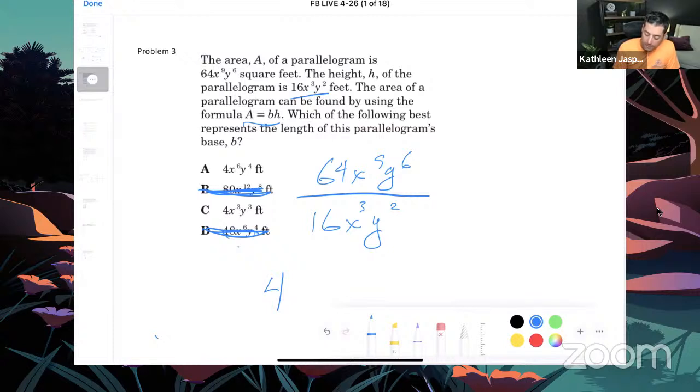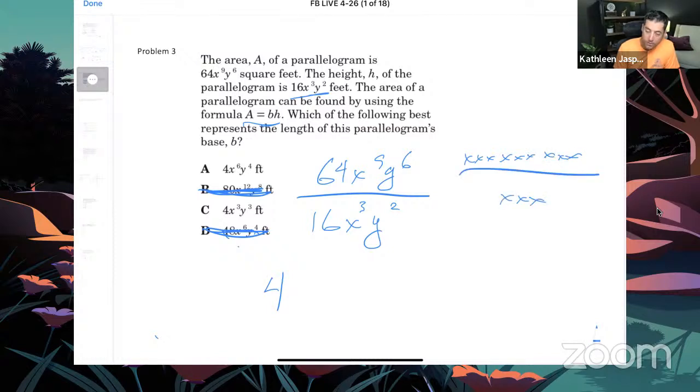It's just like saying I've got x, x, x, x, x, x, x, x, x. That's 9 x's over 3 x's. You can cancel out as many x's on top as there are on the bottom. And what are you left with? In this case, I'm left with 6 on top. It's going to be x^6 on top, positive.